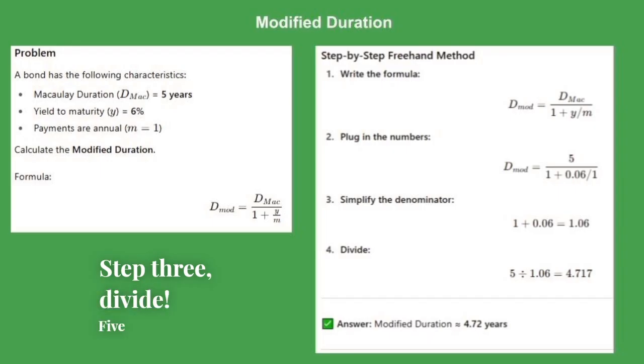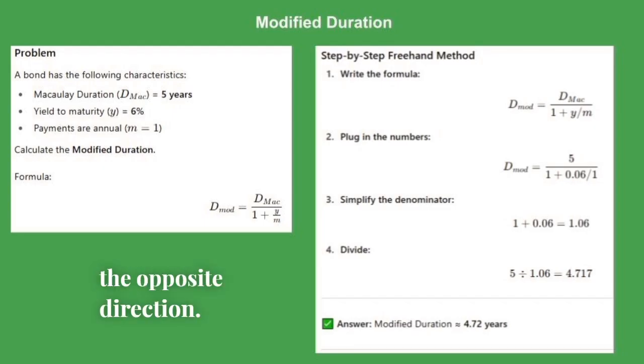Divide 5 divided by 1.06 equals 4.717. So the modified duration is about 4.72 years. This means the bond's price will change about 4.72% for every 1% change in yield in the opposite direction.